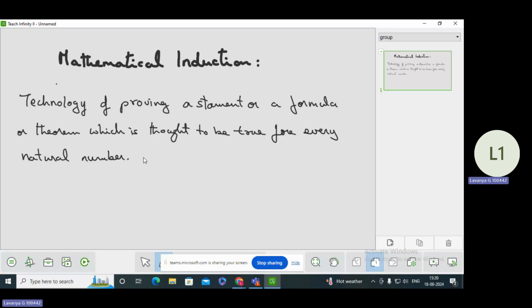So I suppose you remember what is n. N does not involve 0. Other than 0, it will go from 1, 2, 3, etc. And natural numbers are countable.